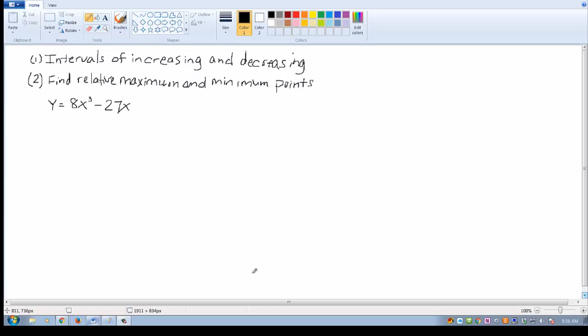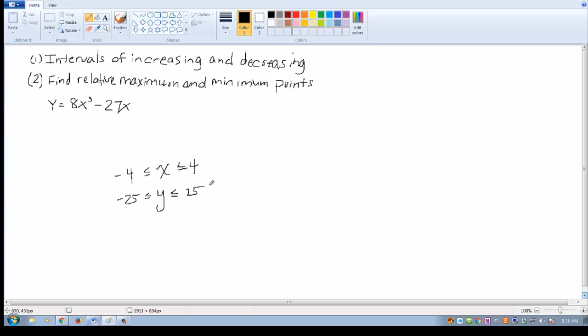So this video is going to be covering intervals of increasing and decreasing and finding the relative maximum and minimum points. So take a moment and put this in your calculator. A good window to use is letting x be between -4 and 4 and the y value being between -25 and 25.